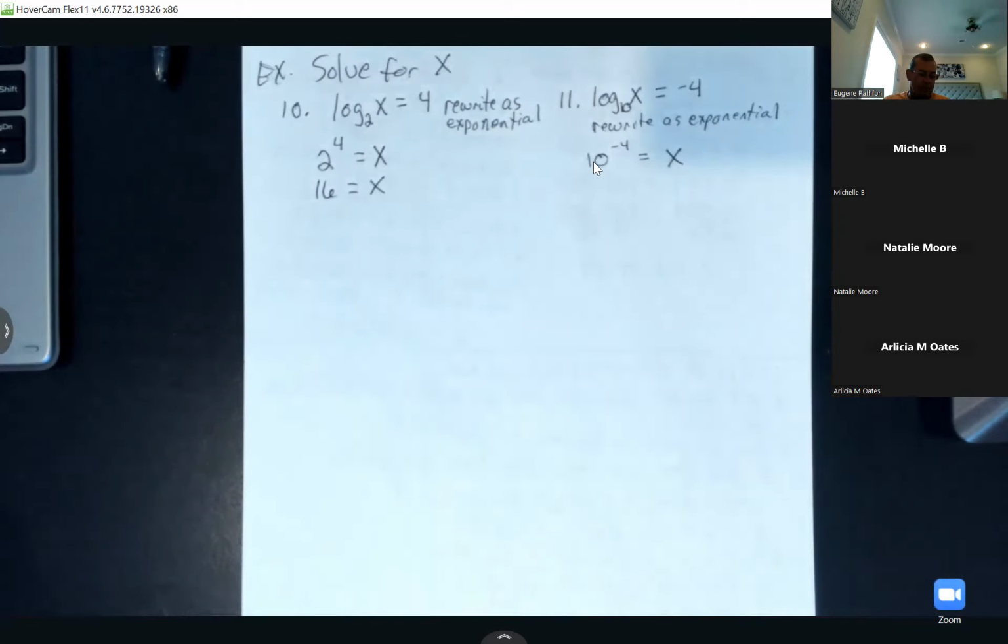Could you go over 12 again, like just the steps that you did? Okay, so the first thing, I didn't have logs on both sides, so I can't use my log base property, so I have to rewrite this. So I came down, my base was the 4, the exponent was the 1, and that equals the result, which is 5x minus 4.